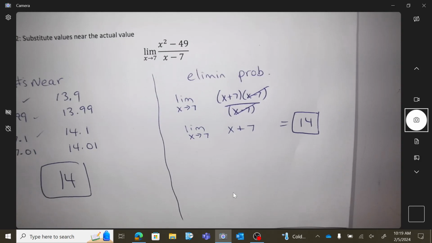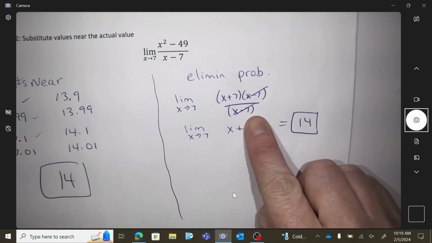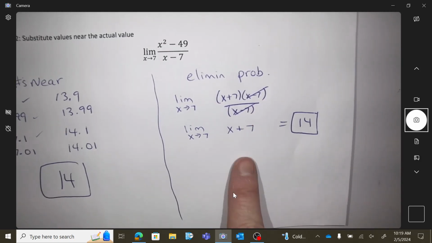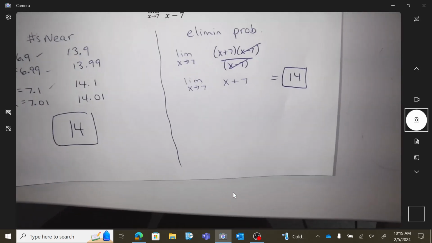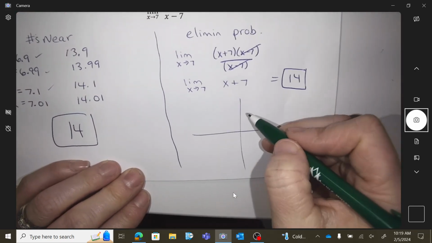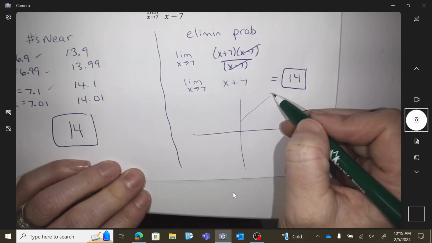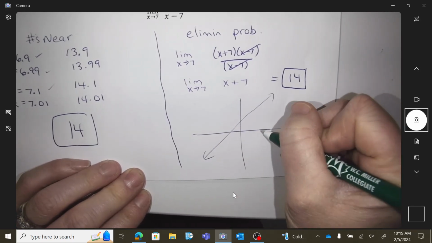Okay, who remembers from pre-calc what this would mean on a graph? It's a hole. x plus 7, if I graphed it, what kind of shape would it make? It would make a line. And what do you know?